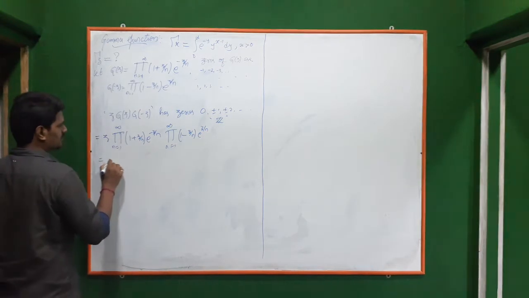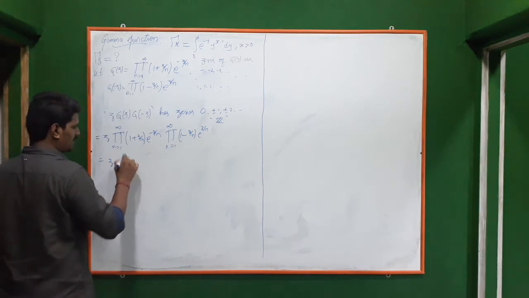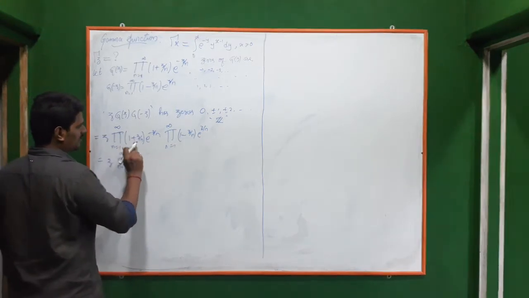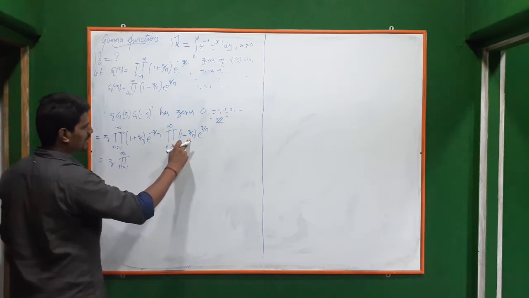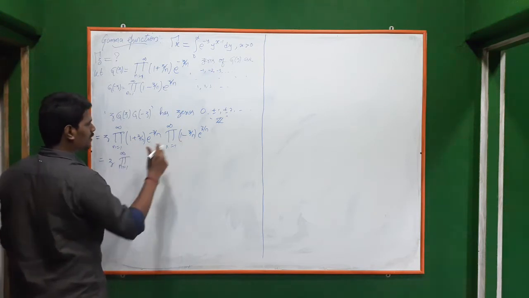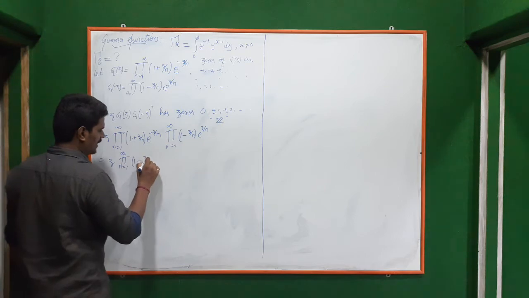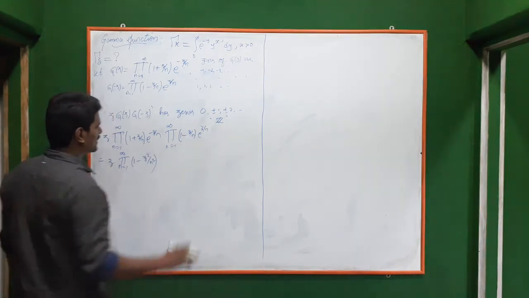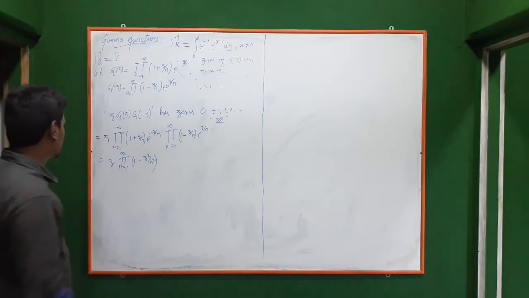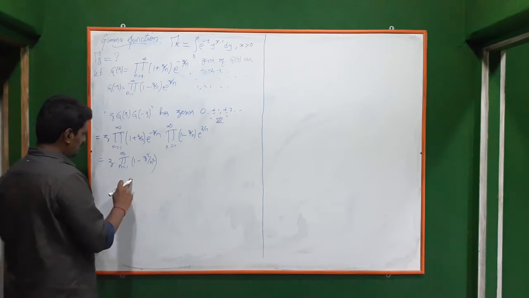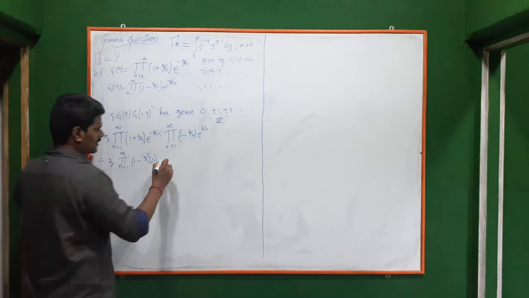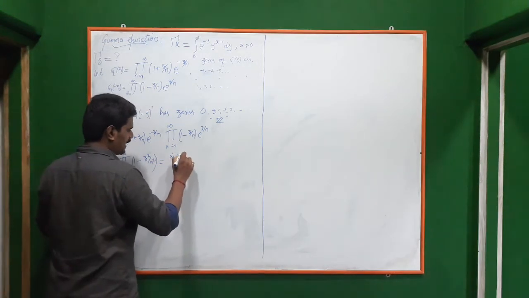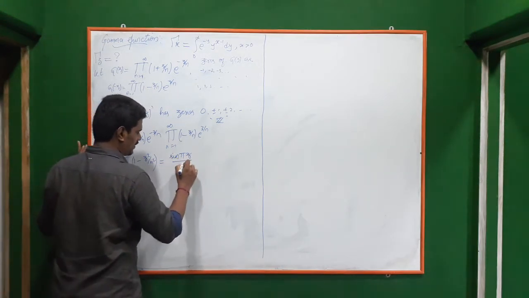This is z into the product, which can be combined: 1 plus z by n into 1 minus z by n, that is 1 minus z square by n square, into e to the power minus z by n e to the power plus z by n, which will be 1. So this we have found before, that is sine pi z by pi.